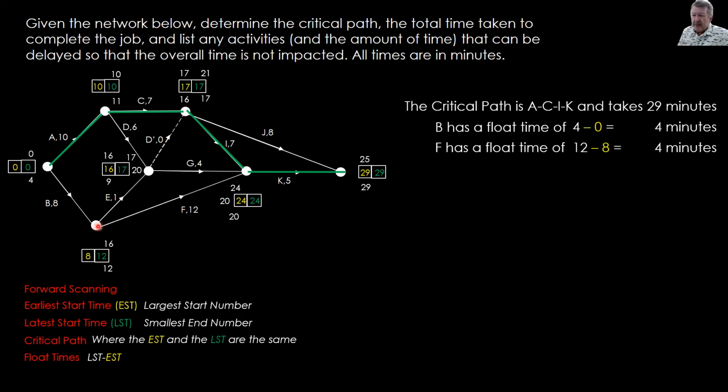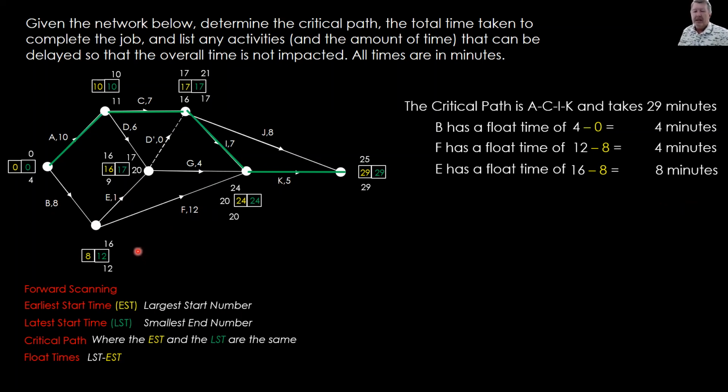Well, we're down here, so I might as well do E at the same time. So E has a float time of, well, there's the start. So it's the top one. So 16 take away 8. 16 take away 8 is 8 minutes over here. So a long time to sit and wait.